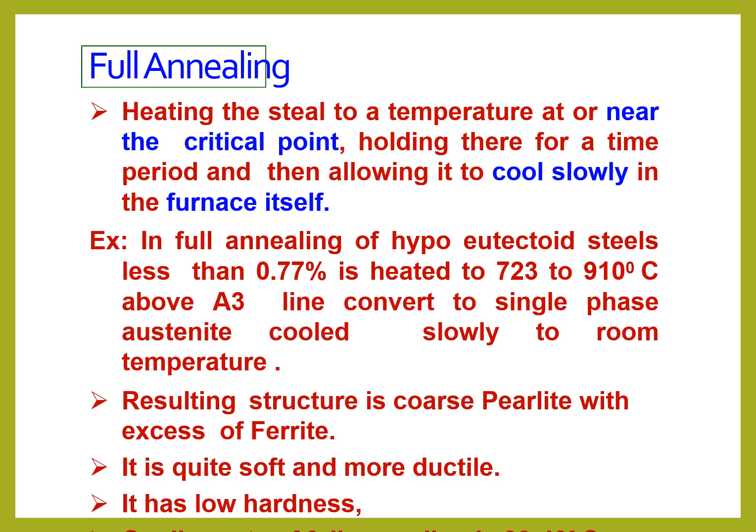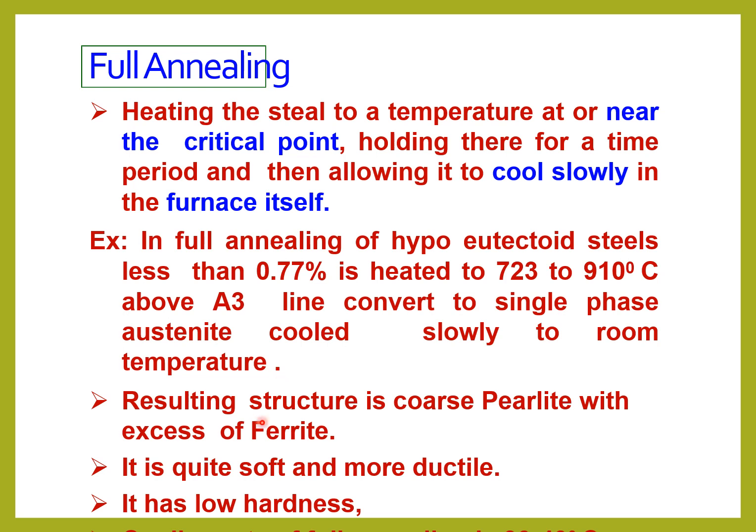Full annealing means we take a hypoeutectoid steel, that is, up to 0.77 percent carbon. We heat it up to 723 to 910 degrees centigrade. We have to wait for some time until it is entirely converted to austenite, then slowly cool to room temperature.